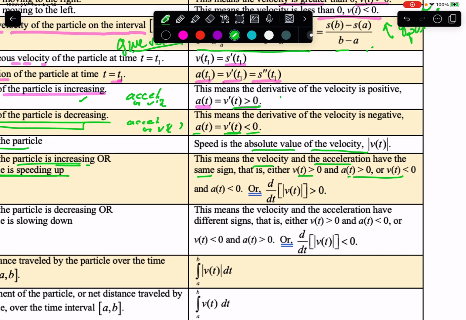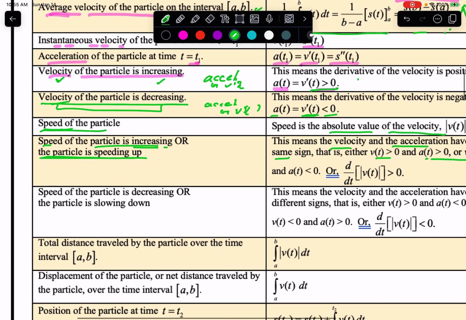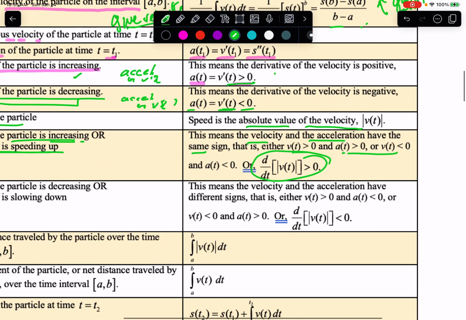Or the derivative of the absolute value of the velocity is greater than 0, which is the same thing, but we usually don't do it that way. Speed of the particle decreasing means that the velocity and acceleration have different signs. One would have to be greater than 0, and one would have to be less than 0.